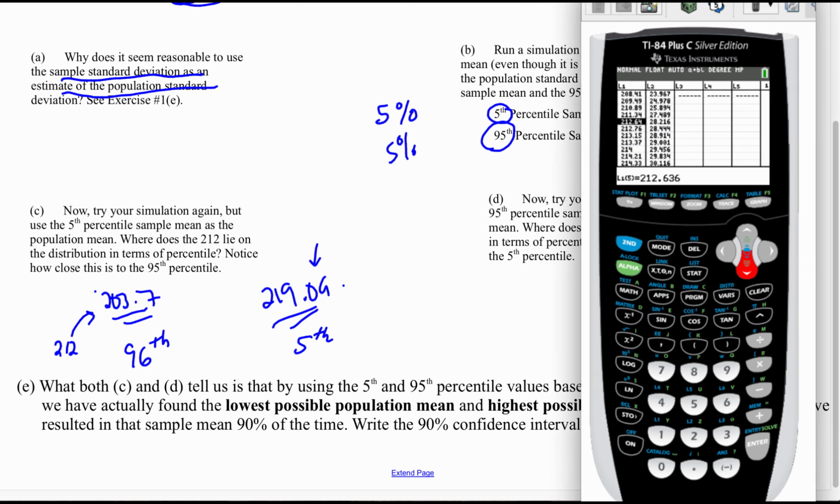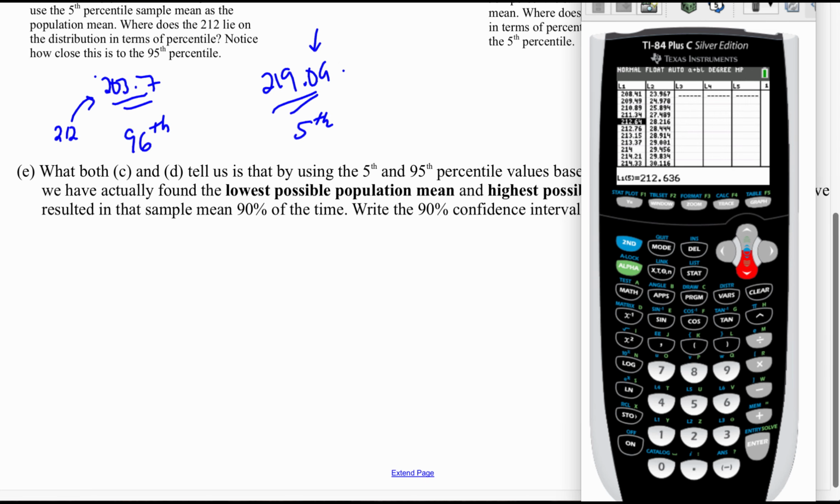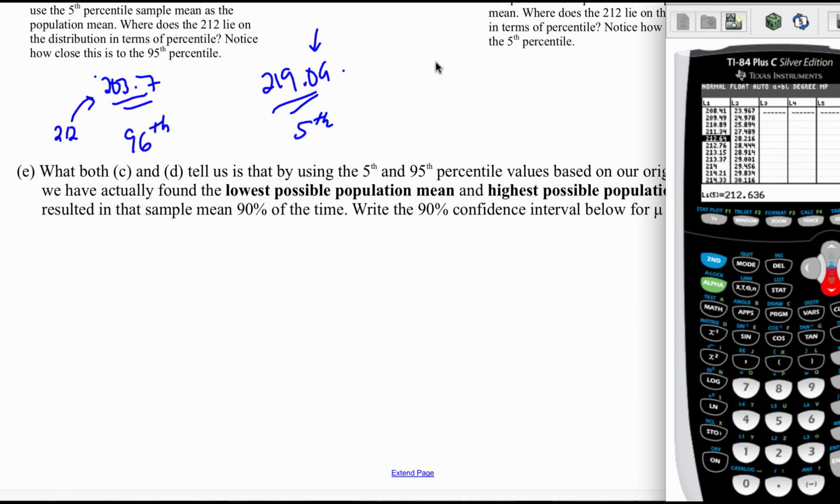So what did this tell us? Why did we do all this? Well, basically, if I were an orange farmer and I tell somebody that my average fruit is 212 grams with a standard deviation of 34, I just gave him a 90% confidence that they're going to get a fruit around 212 grams.